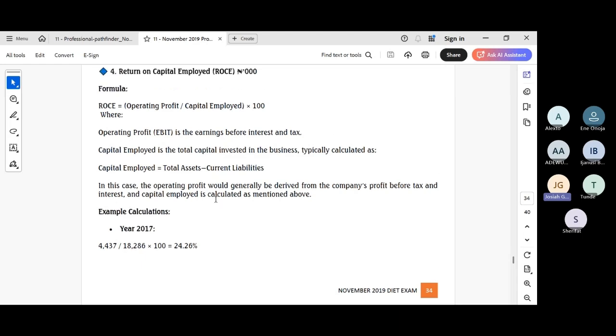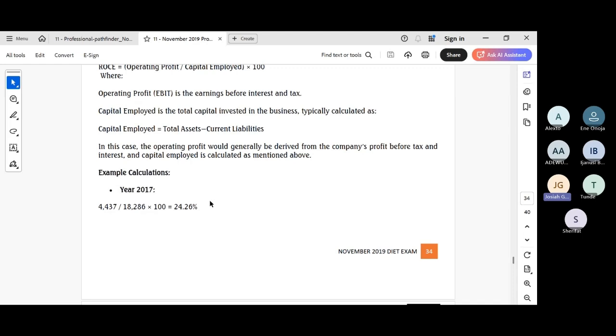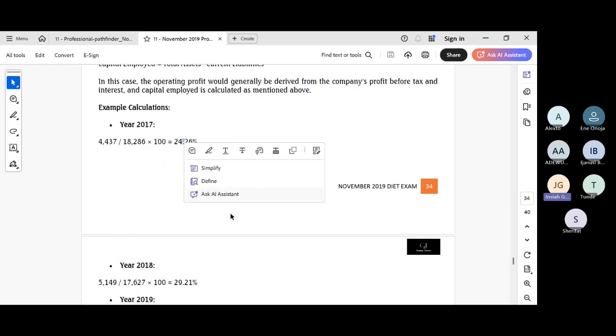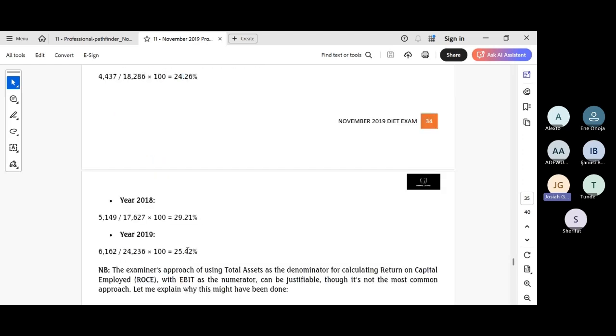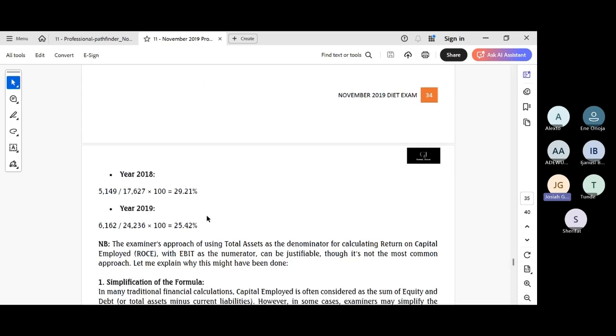So total assets minus current liabilities is definitely the denominator that is mostly used for capital employed, which is net assets. Net assets, yes. So we have for 2017, 24%, 29%, and 25%. So 2018 was a good year with good returns of over 29%.